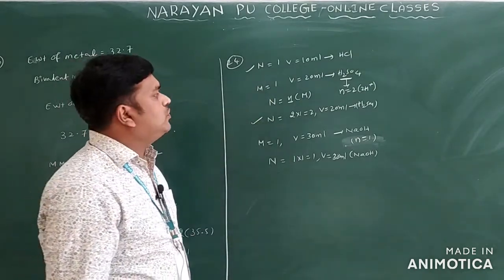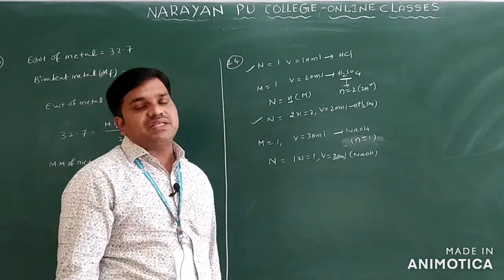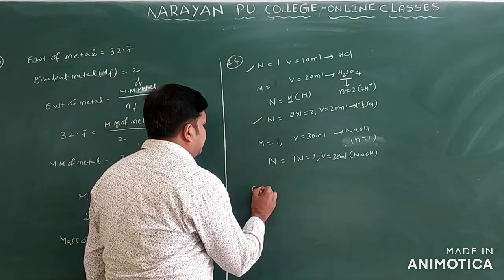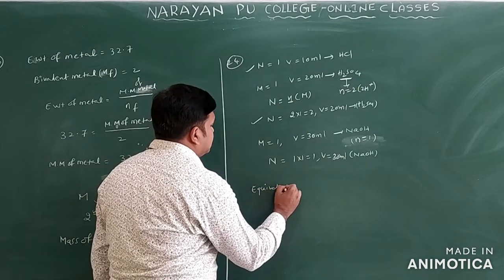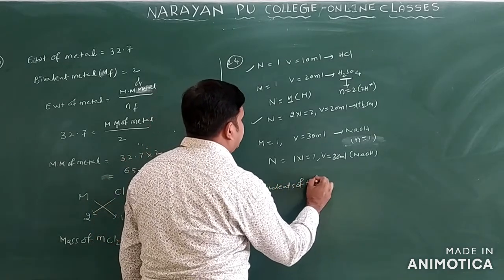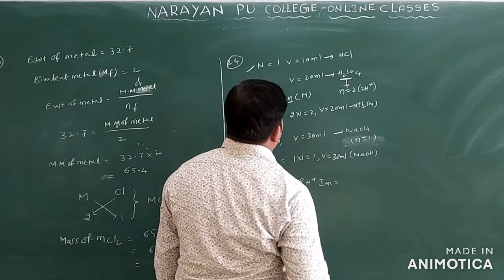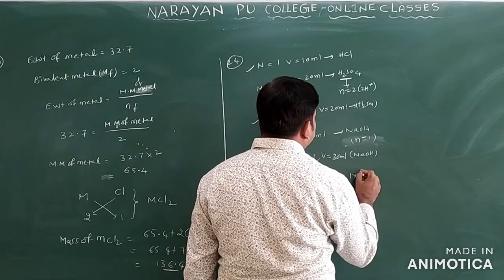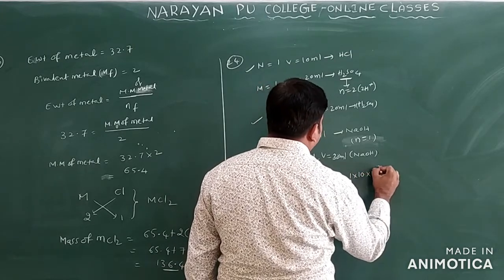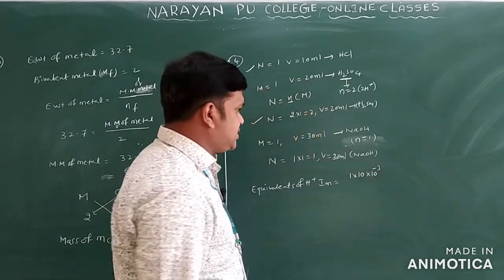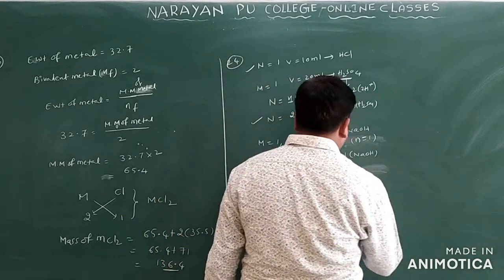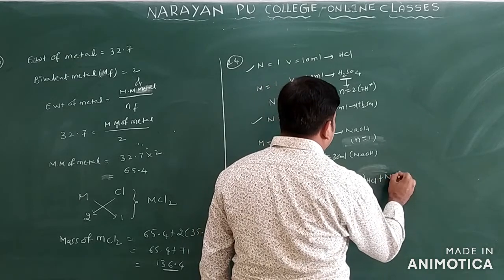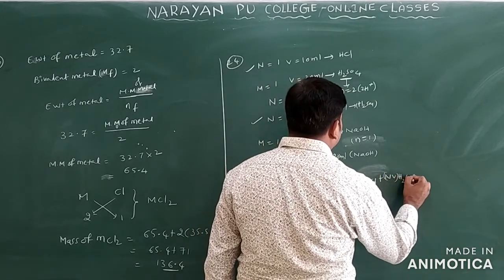Here they gave two acids, one is HCl and one is H2SO4. From this we can find out the equivalents of H plus ions. The equivalents of H plus ion is equal to normality into volume. You will write normality and volume of HCl plus normality and volume of H2SO4.